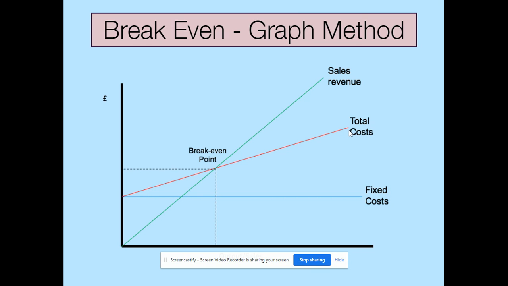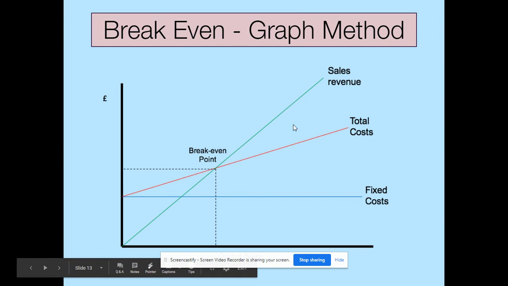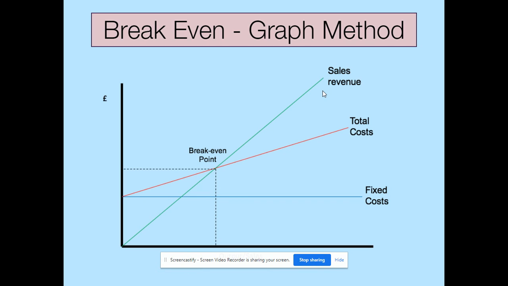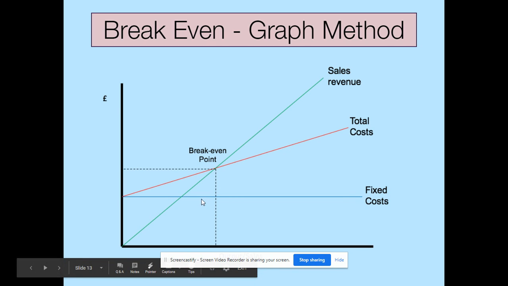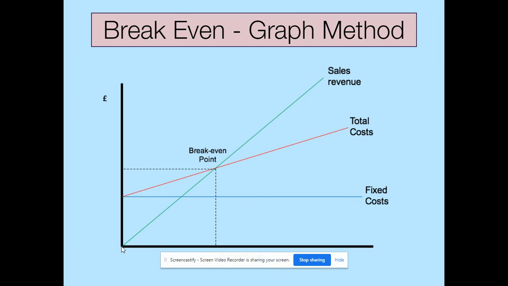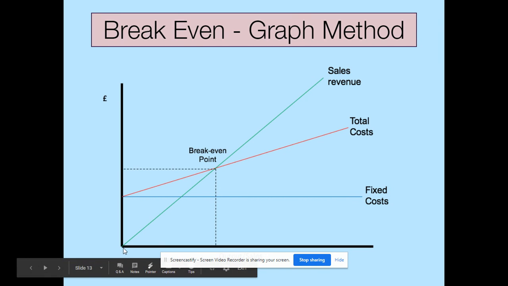And the very final one is this green one here, the sales revenue. Sales are basically something that is going to increase. Obviously, the money that I get is going to go up the more I produce. But of course, I'm going to have to start from the origin, because if I have made no sales, if I sold 0 units, then I'm going to make no money.